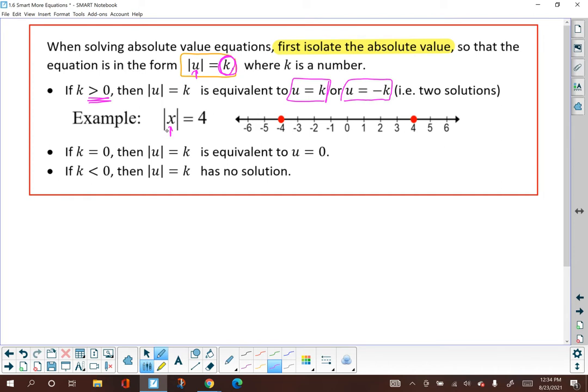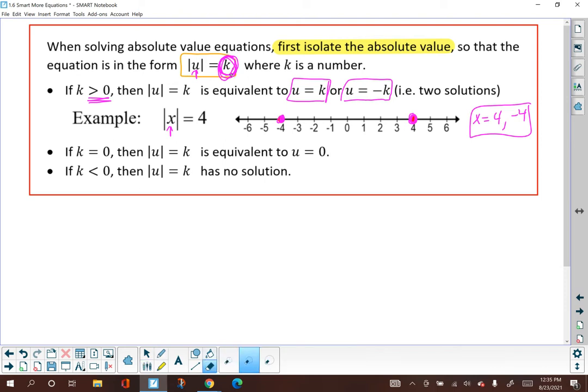Either x, the stuff inside, is 4, which would give us one solution, or it's also possible x might be negative 4, which would also give us, when we take the absolute value, 4. So this equation has 2 solutions. That's the first possibility, if we have a positive number right here.